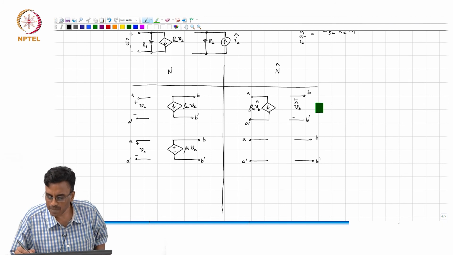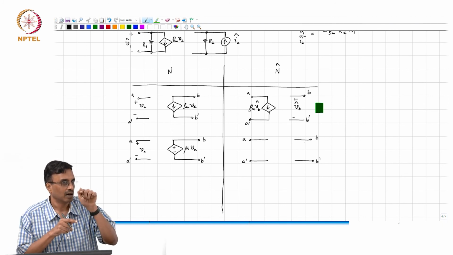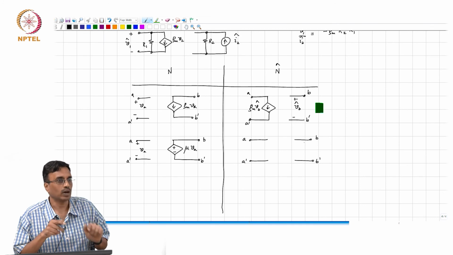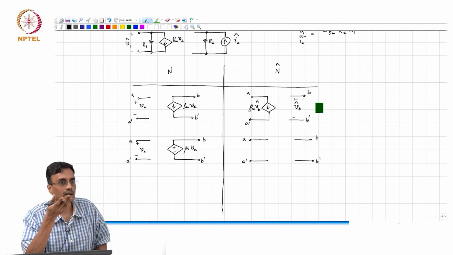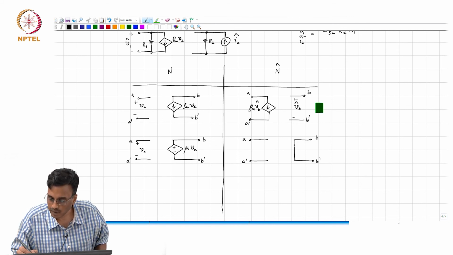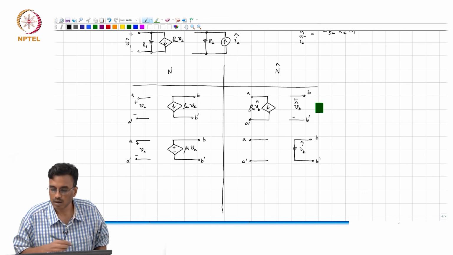So, B and B prime is a controlling port whose impedance is 0, correct? So, what kind of controlling port must it be? It must be sensing a current, right? So, this is IB hat, okay?